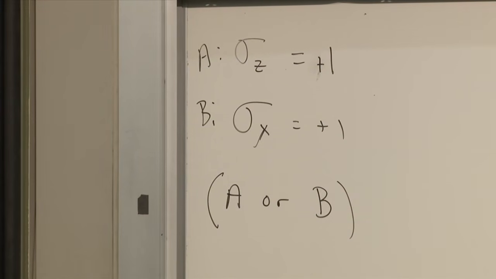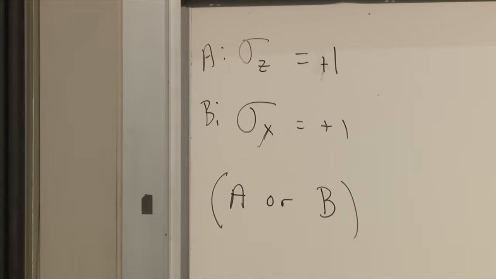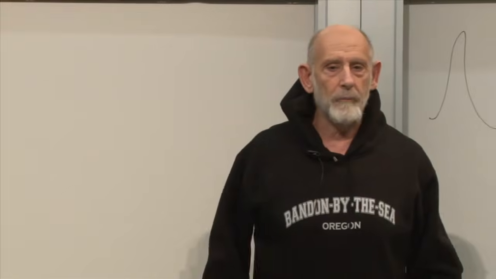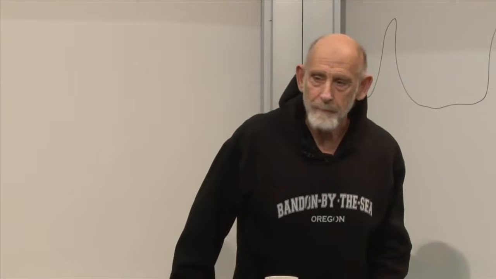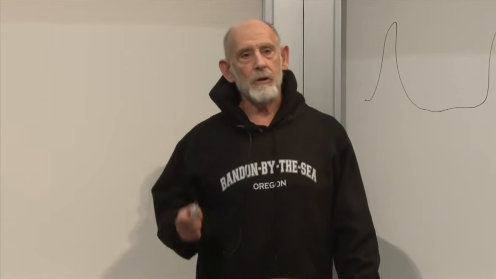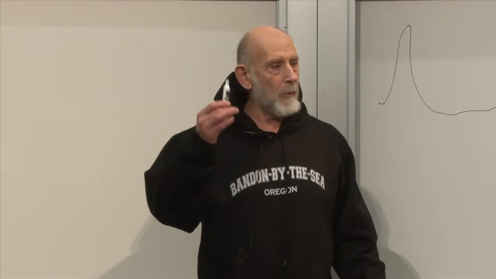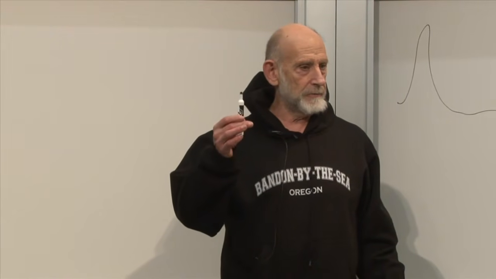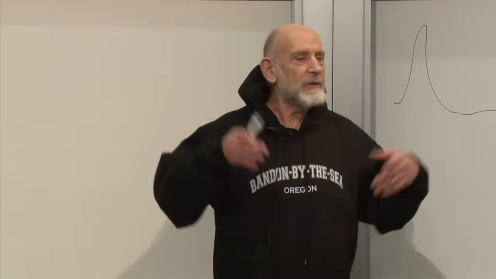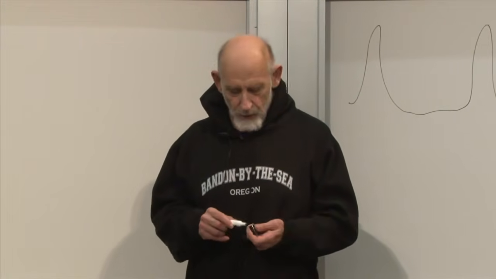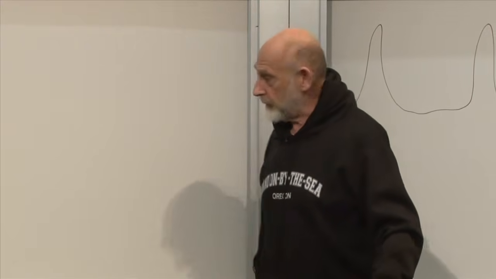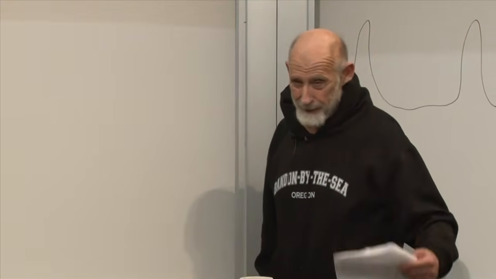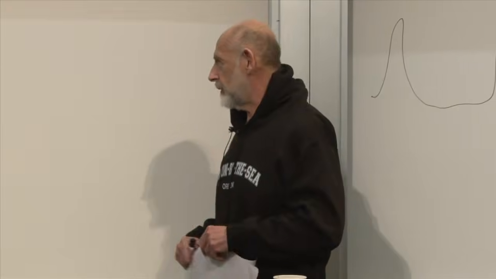Let's imagine the hidden ghost in the works has previously, unknown to us, originally oriented the spin upward along the z-axis. He knows, we don't. As far as we know nothing, but the ghost in the works has oriented the spin vertically upward. And this doesn't matter, but we could start that way.